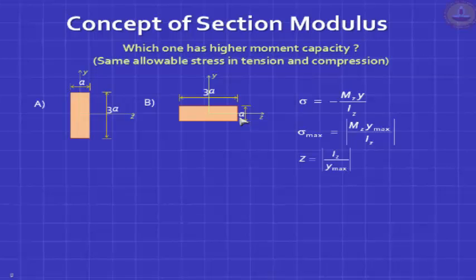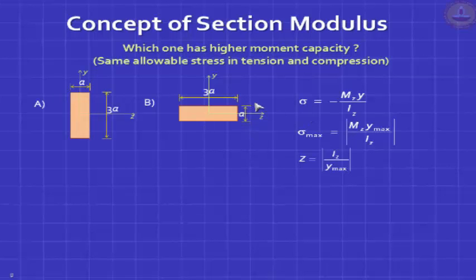Area has a unit of millimeter squared. This is integral y squared dA. So it has the units of millimeter raised to 4. Z, capital Z, is the symbol used for section modulus. It is I by y max.